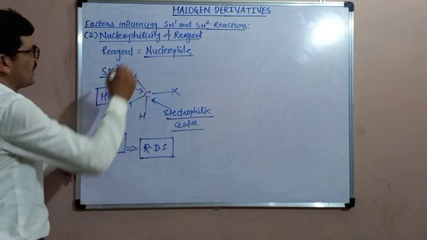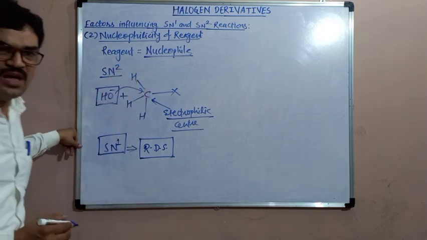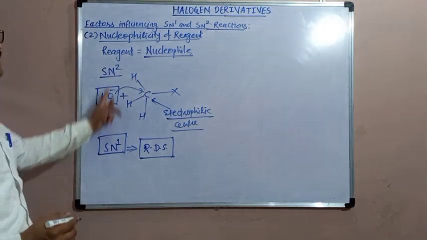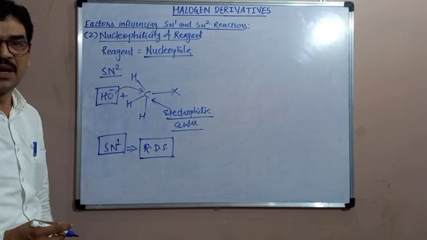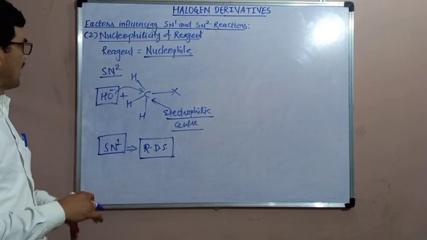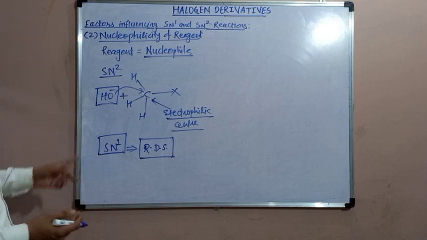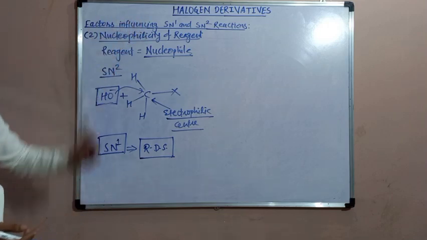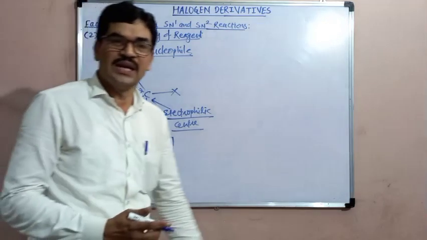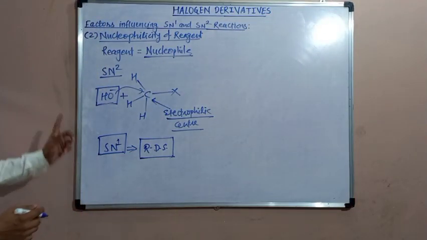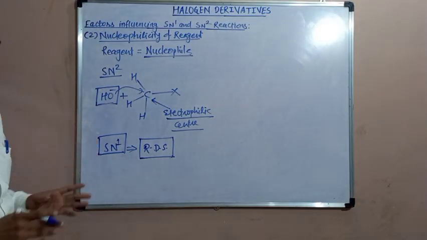Therefore the SN1 reaction is independent of the nature of the nucleophile, while the SN2 reaction depends on it. Here we can conclude that a stronger nucleophile favors the SN2 reaction, while the SN1 reaction is independent of the nature of the nucleophile.